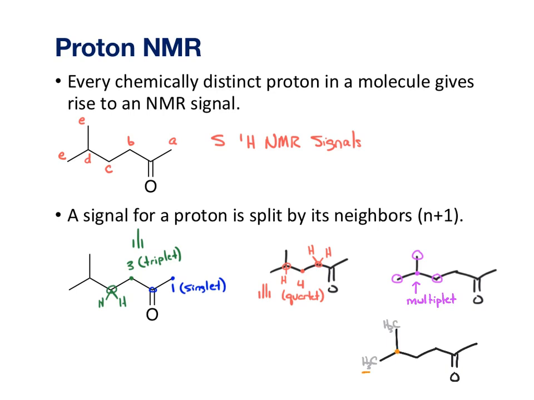Here's the neighbor. The neighbor has 1 hydrogen. 1 plus 1 is 2. That'll split into 2 lines, or a doublet. So a doublet's just kind of like that. So that's the 4 types of signals that you would see in the NMR spectrum.